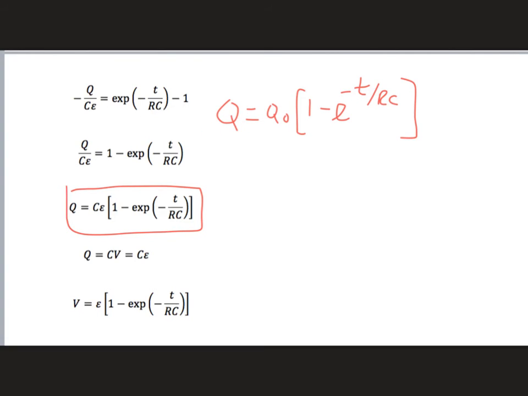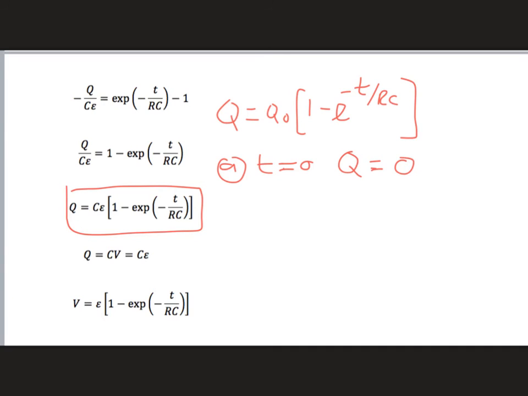The first thing that we can note, if t is equal to 0, that means this is e to the 0 power, and anything to the 0 power is 1. And then you have 1 minus 1, well, that's just 0. So we can note that at t equals 0, q is equal to 0.